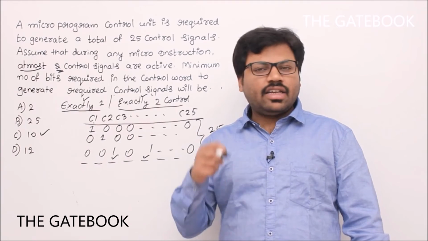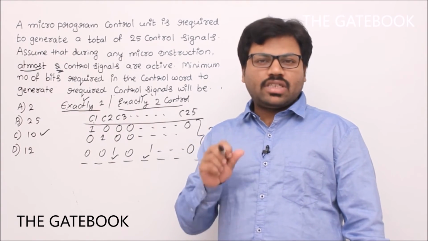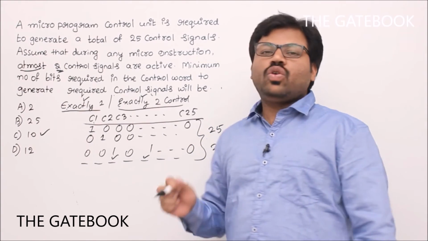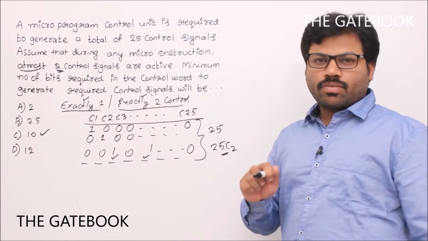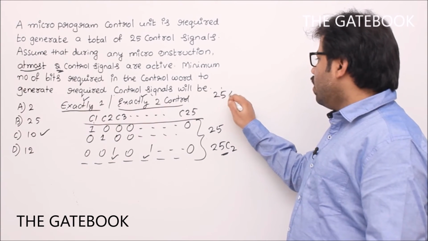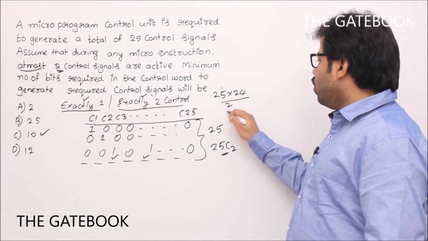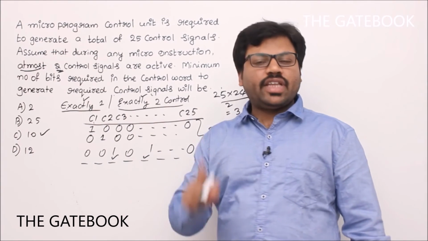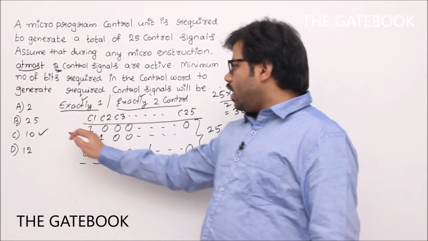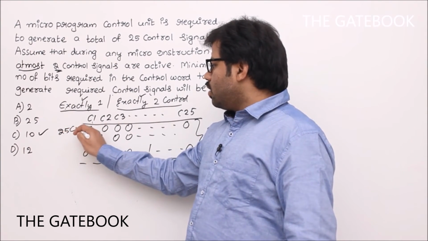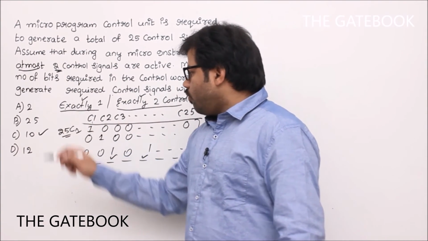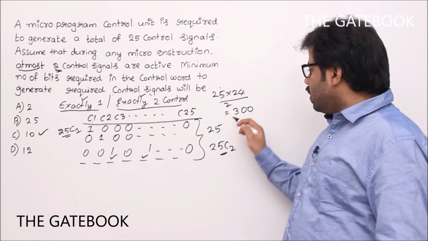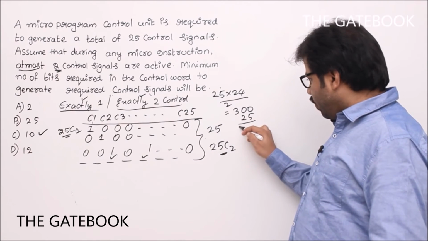In that, I clearly taught how many binary numbers are possible with exactly two ones: 25 C2. If you simplify it, you get 25 into 24 by 2, which is 300. Okay. Now, how many binary patterns are possible with exactly one? That is 25 C1, right? So finally, the total number of patterns is 300 plus 25, 325, correct?